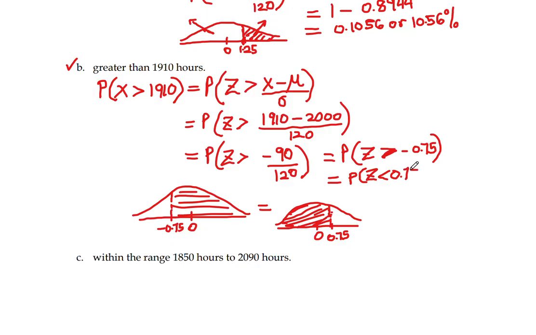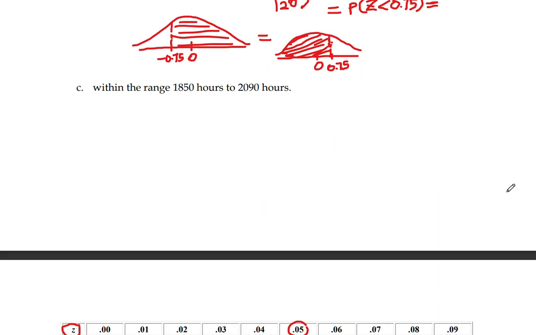It would be the same thing because of the symmetric properties of the curve. And because any probability read from the standard normal table always represents the area less than a value, or the area to the left of a positive value, we're just going to go to the standard normal table.